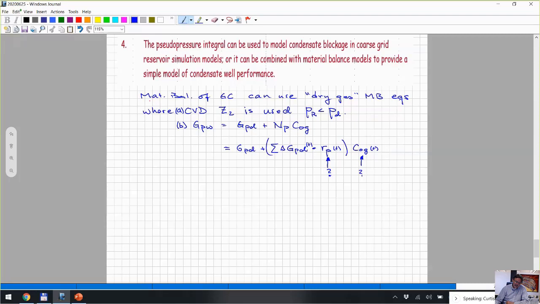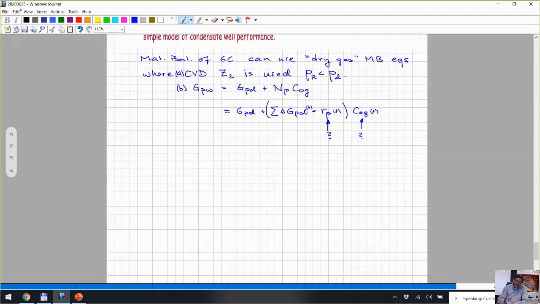Now, ideally, if I were going to try to do something in this, I would ask to read in from the CVD test the two-phase Z factors, the cumulative.